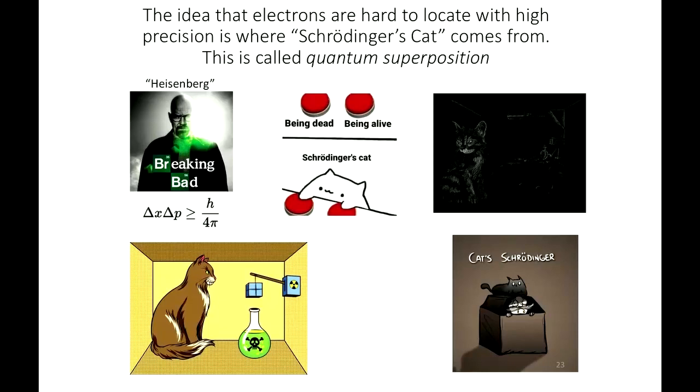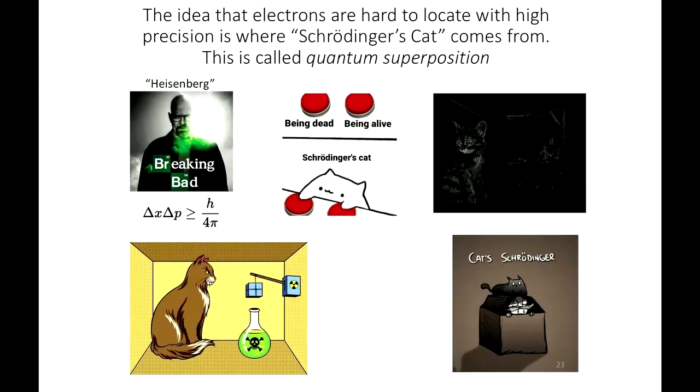So before you open the box, the cat is both dead and alive at the same time, because you don't know for certain until you open the box. Once you open the box, you collapse the wave function, you take that measurement, and now you do know for certain whether the cat is dead or alive. That's the whole point of Schrodinger's cat.